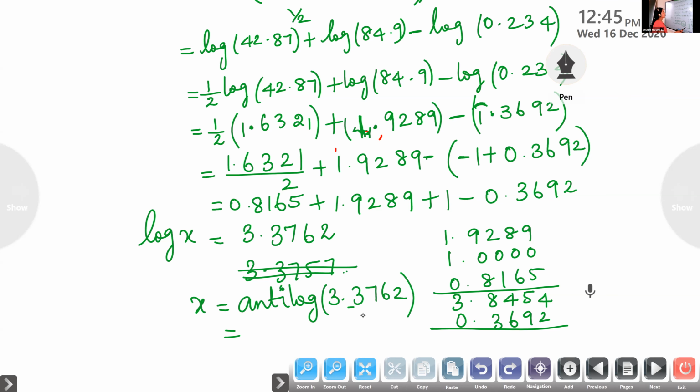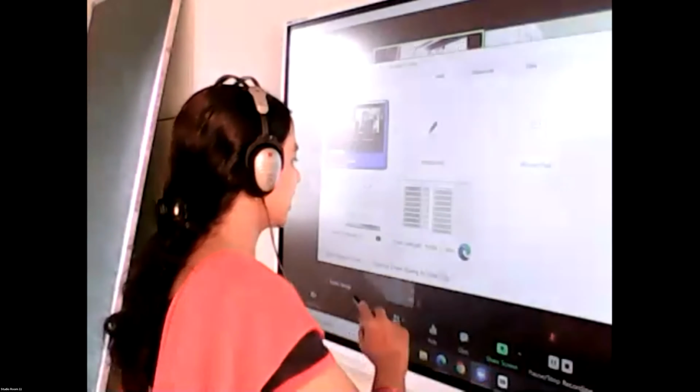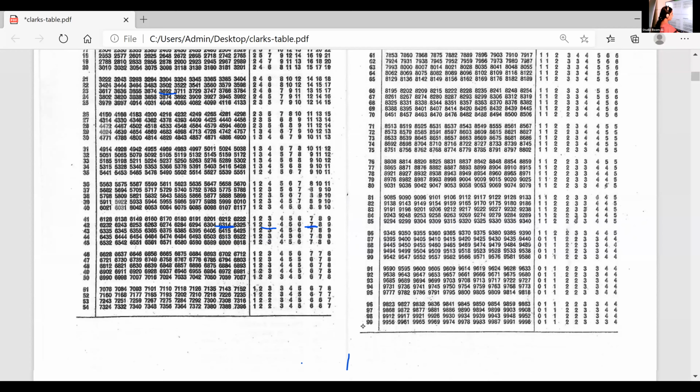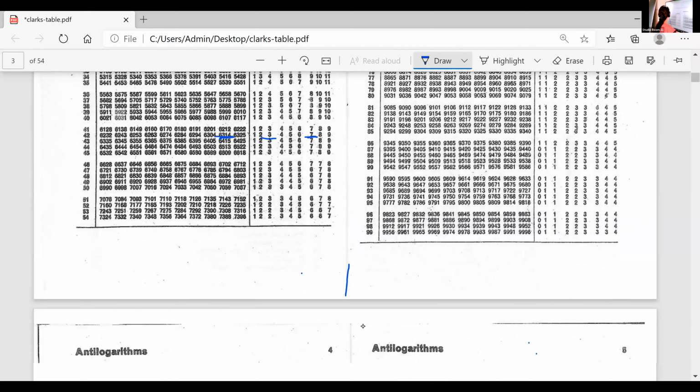Now use the antilog table. Antilog always starts with point. 0.3762.